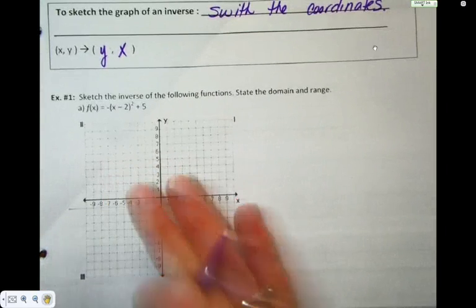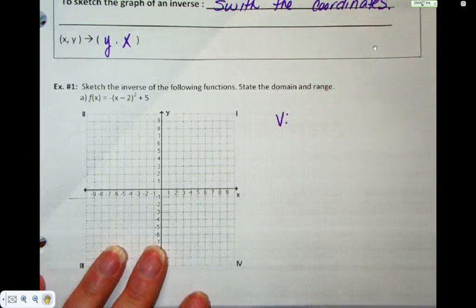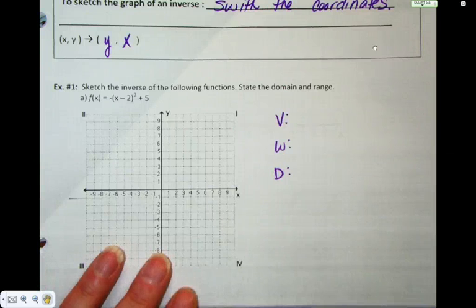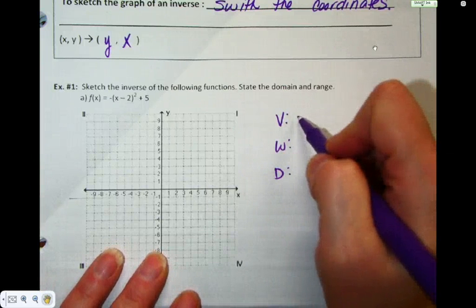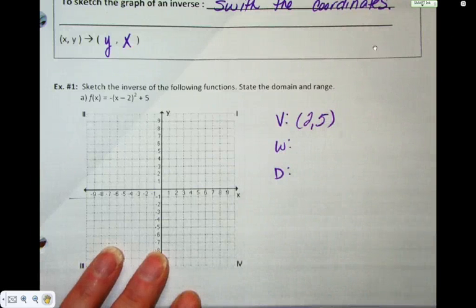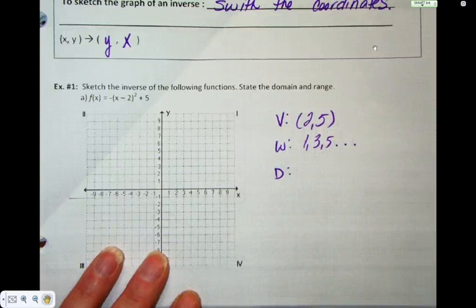What are the 3 pieces of information we need to graph a parabola? Vertex, width, direction. Vertex, 2, 5. Okay, width, 1, 3, 5, dot, dot, dot.